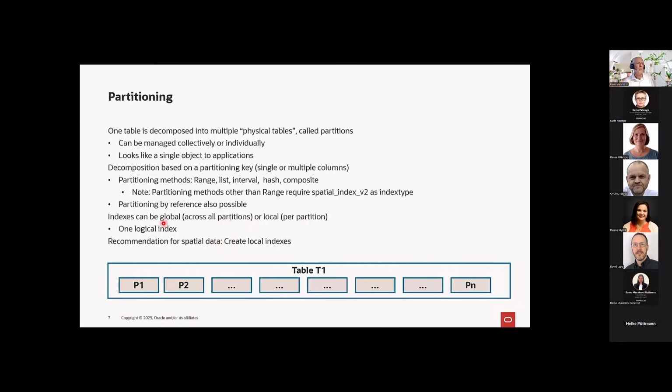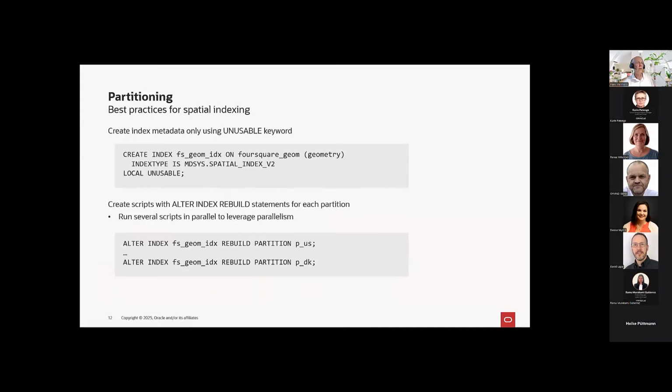The recommendation for spatial data is actually to create local indices per partition rather than a global index across everything.